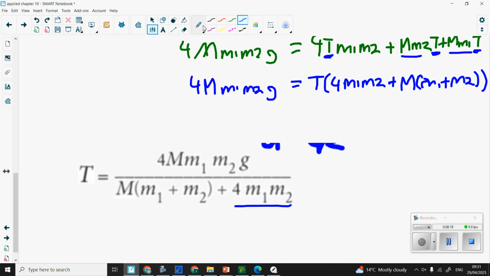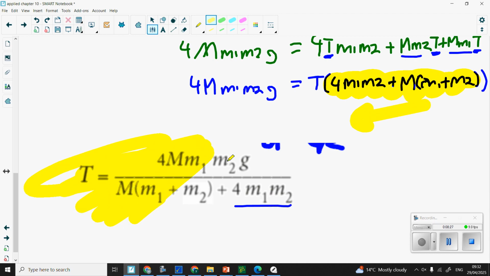Now what's going to happen next, guys? See everything in the yellow? Everything in the yellow goes underneath, and lo and behold, what do we get?